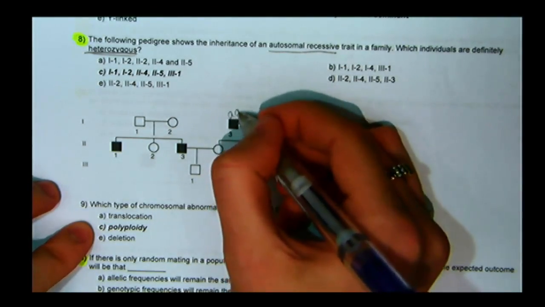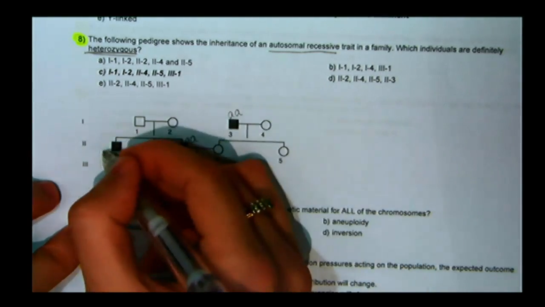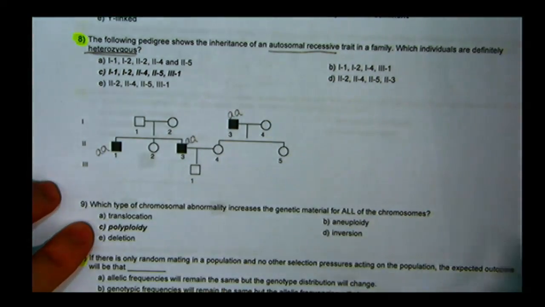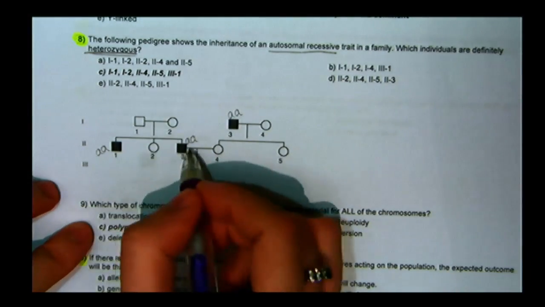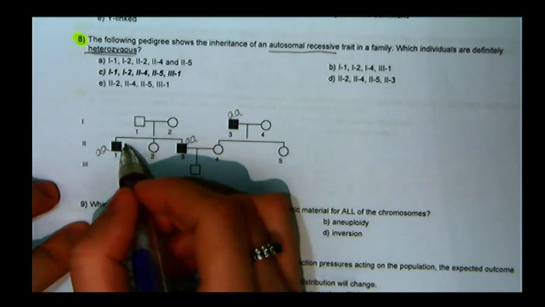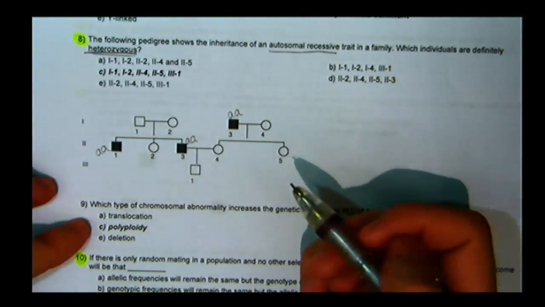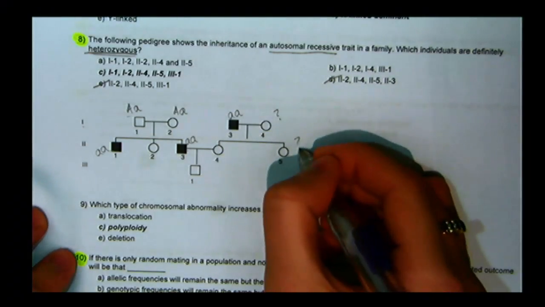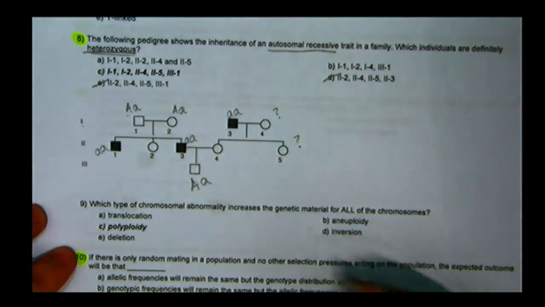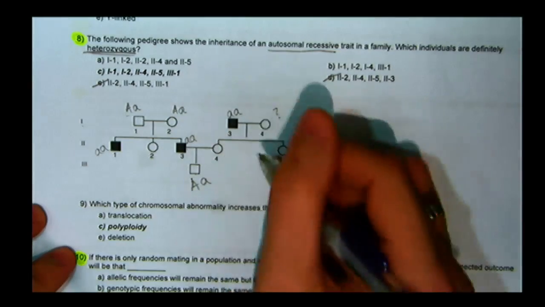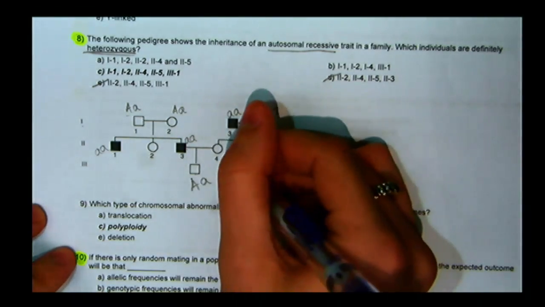So you can go in and look to make sure your generation 1, individuals 1 and 2 are going to be affected. This one doesn't include individual 1, neither does this one, so you can automatically eliminate those. And you don't know what this person's genotype is. You don't know what this person's genotype is. He's not affected, which means he has to have a big A. And so let's see, got the big A from here.